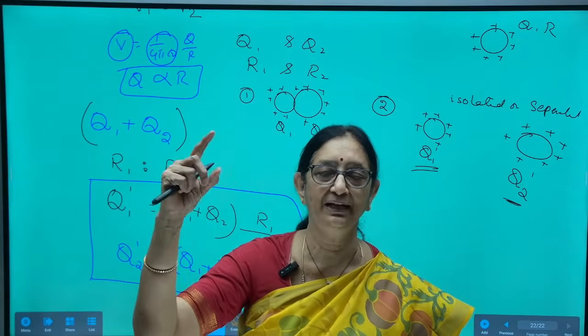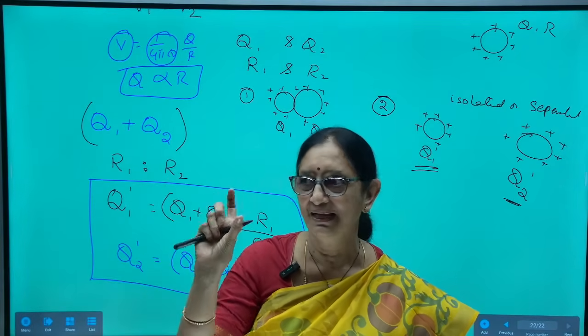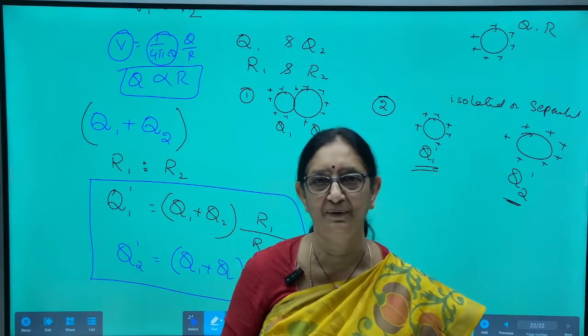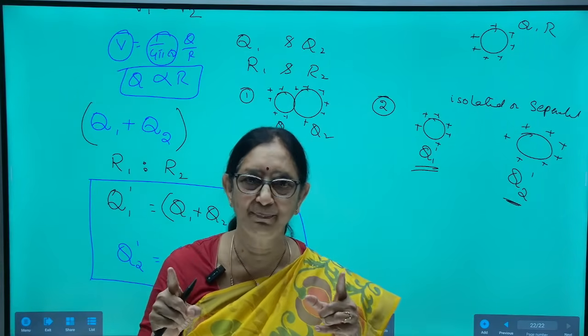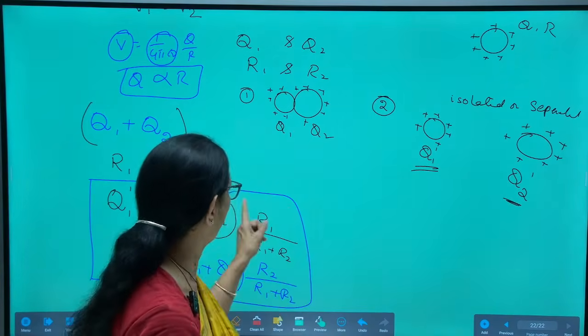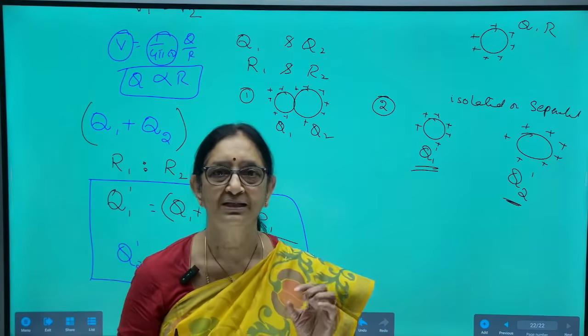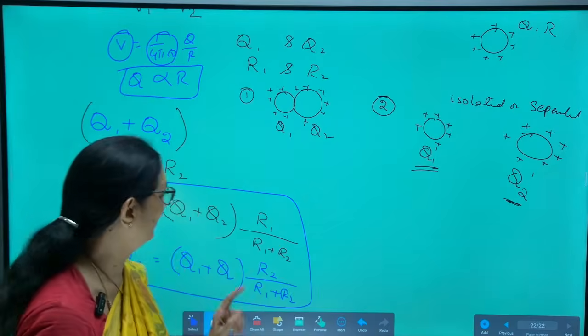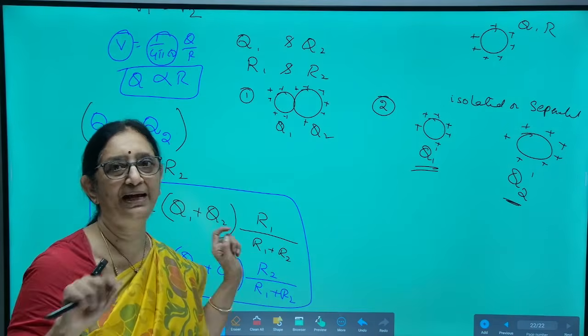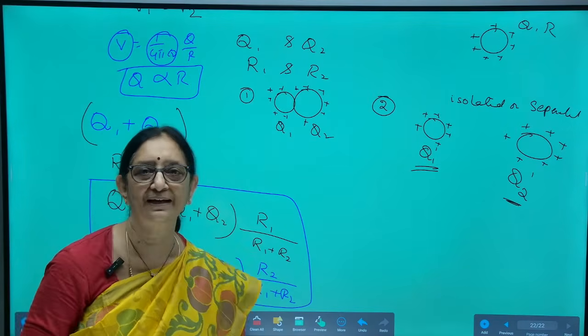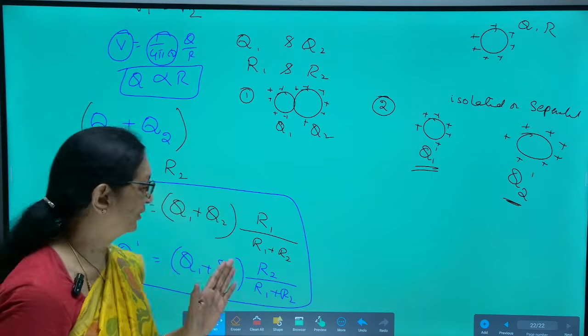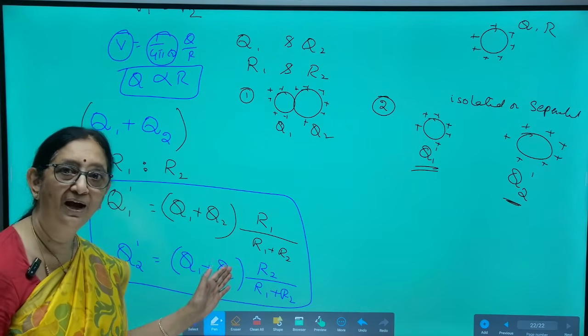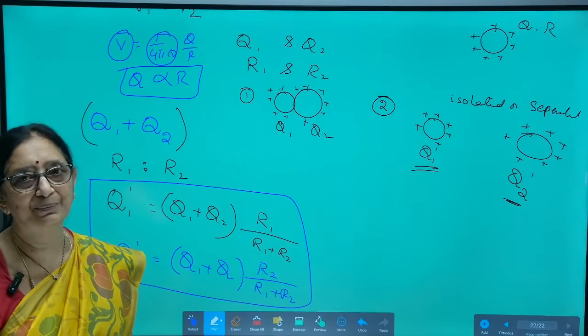So, try to understand the concept and arrive at the final formula. Total charge is q1 plus q2, it divides in the ratio r1 is to r2. So, q1 dash is equal to q1 plus q2 into r1 by r1 plus r2. Similarly, q2 dash is equal to q1 plus q2 into r2 by r1 plus r2.